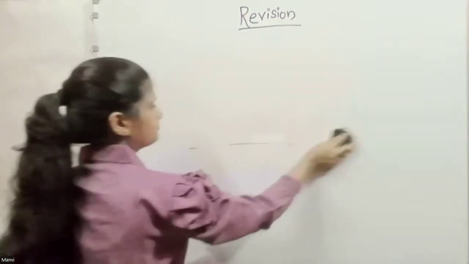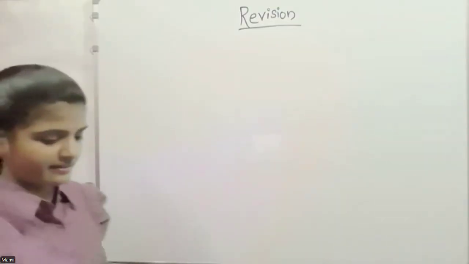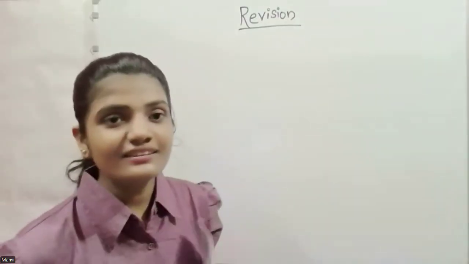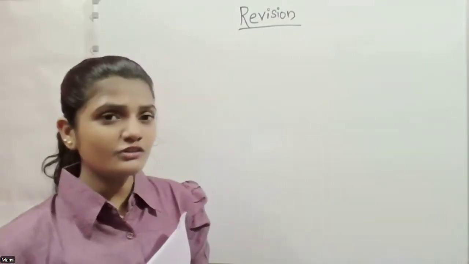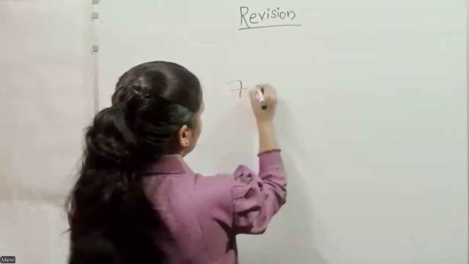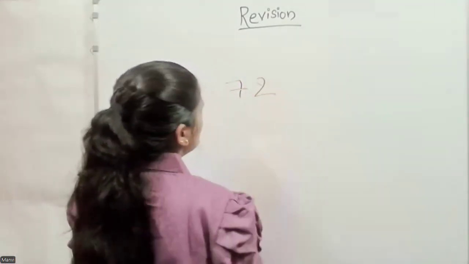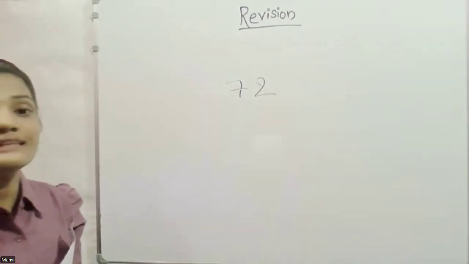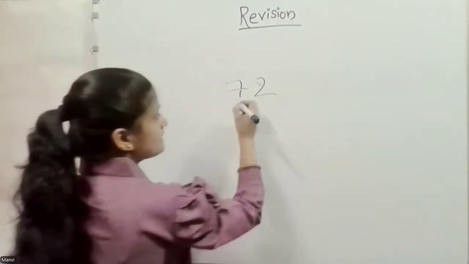Okay. Next topic, which is rounding. Do you remember about rounding? Yes. Whatever number we need to round, like if we have 72 and we need to round it to the nearest tens, we always see the number written next to it.